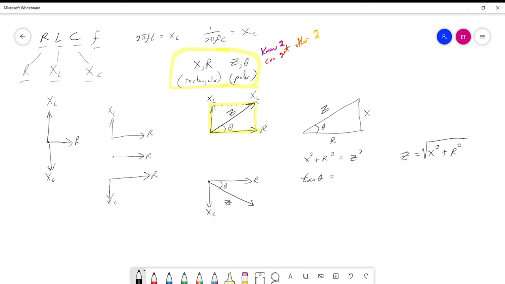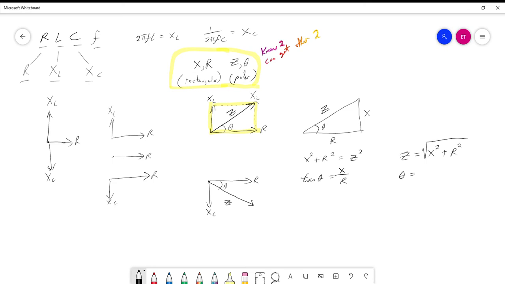Here's the opposite side of the angle, here's the adjacent side. So tangent equals, for us, the opposite, X, reactance, over R, right? Do you want to know what angle will exist given a certain amount of resistance and reactance in your component or circuit or phase?